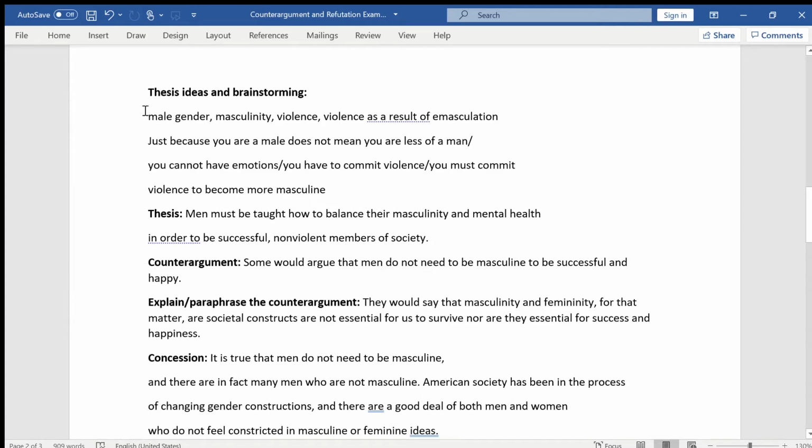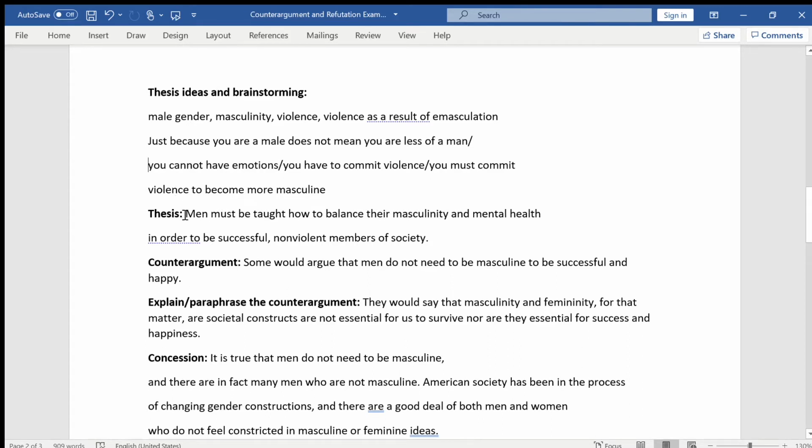So I did a little brainstorming to come up with some different topics I'm interested in here: male, gender, masculinity, violence as a result of emasculation. Just because you're a male does not mean you are less of a man. I think I meant just because you're a male does not mean you're less of something else. I think that was just my brainstorming, maybe I don't always write clearly in my brainstorming. You can not have emotions, you must commit violence to be more masculine. So just some ideas that I was throwing around.